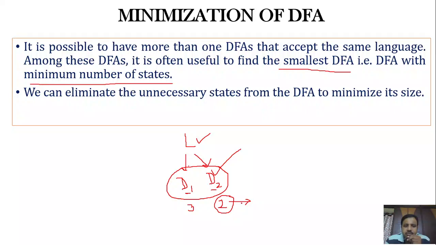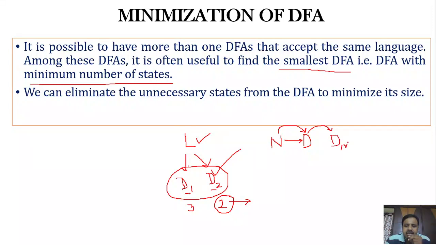Usually, when we convert an NFA into a DFA, the number of states increases. So whenever you convert an NFA into a DFA, it is mandatory to minimize the DFA. What happens if you minimize the DFA? The number of states gets reduced.